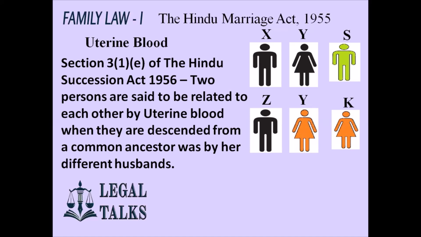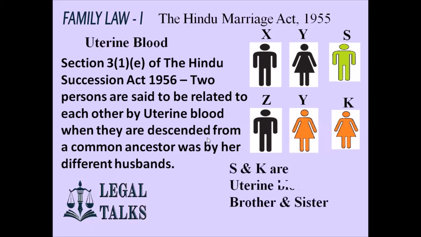So here the mother is the same, but the fathers are different. Another way to remember uterine blood is to remember the word uterus: children from the same uterus. So in this case, S and K are uterine blood brother and sister.